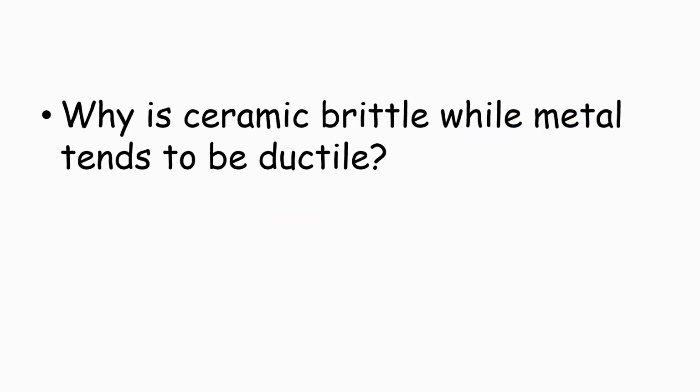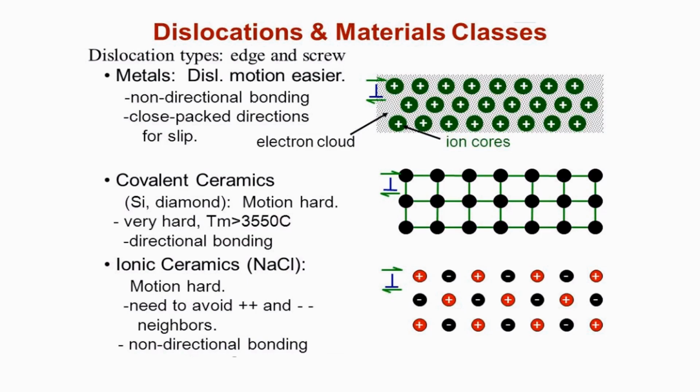So why is ceramic more brittle, while on the other hand, metals tend to be ductile? Why? If we look here, we can see differences between metals and ceramic.